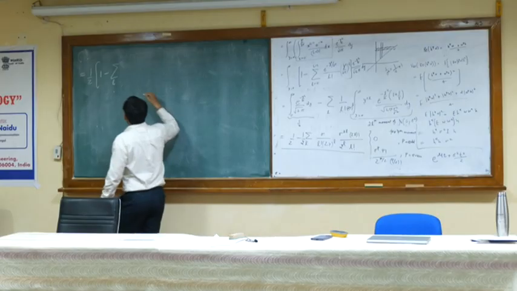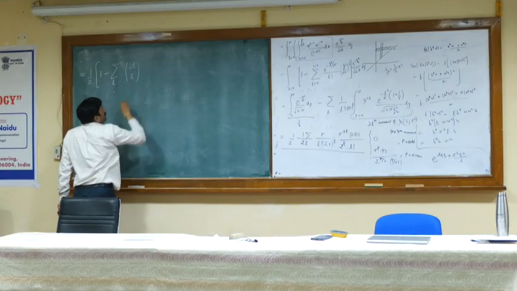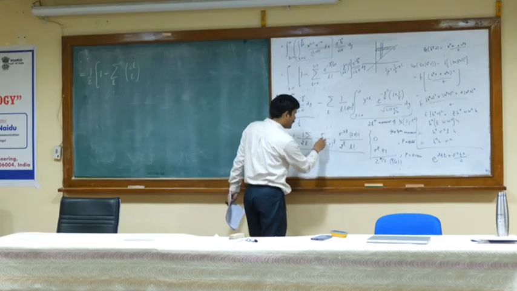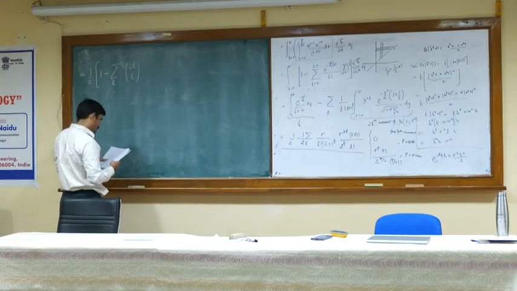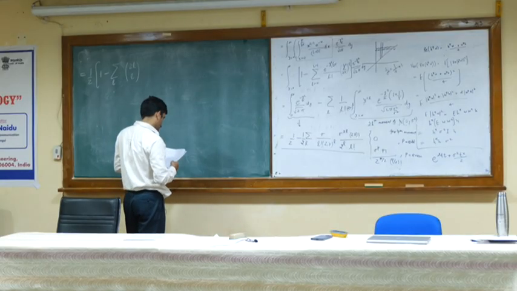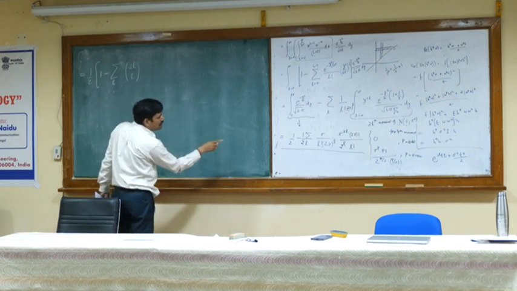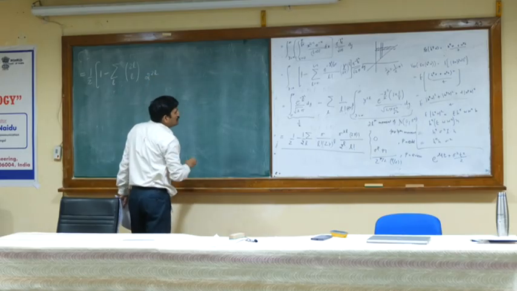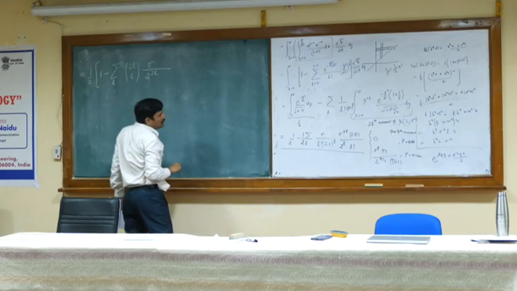So I have 2L, L, so I can write in terms of combination. So 2L choose L, and this is taken care of. Then I have sigma to the power 2L plus 1. Then I have 1 by 2 outside, 2 to the power 2L, sigma to the power. Sigma is what?